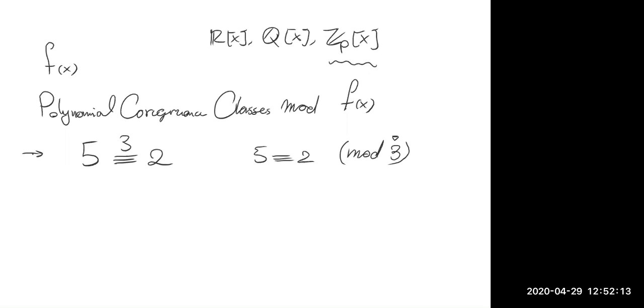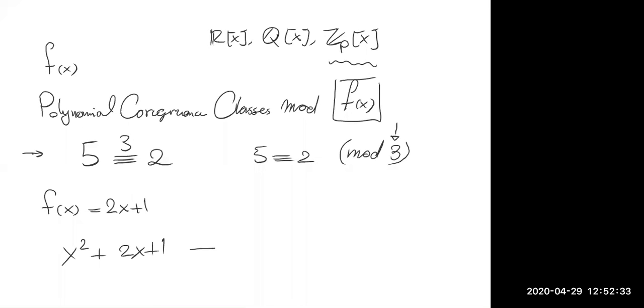This 3 here is going to be our f(x). So for example, if f(x) is 2x plus 1, I would say x squared plus 2x plus 1 mod this polynomial 2x plus 1 is the same as x squared.